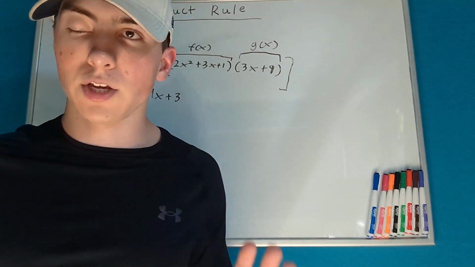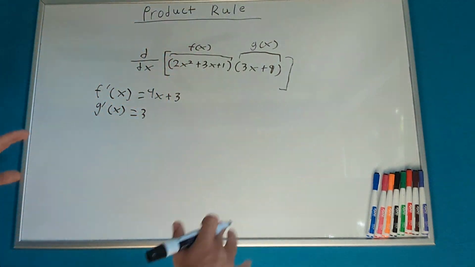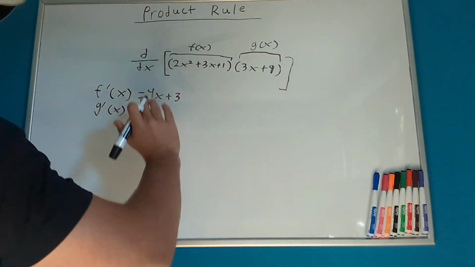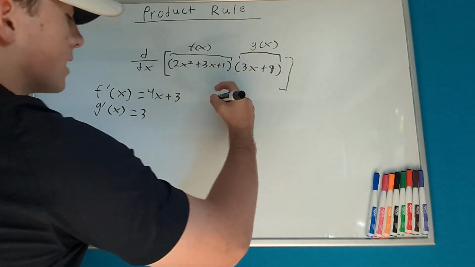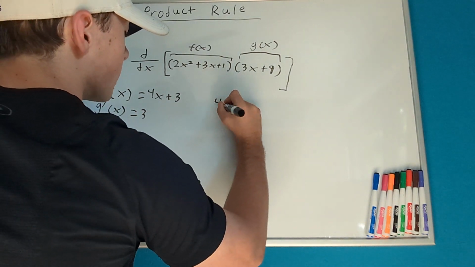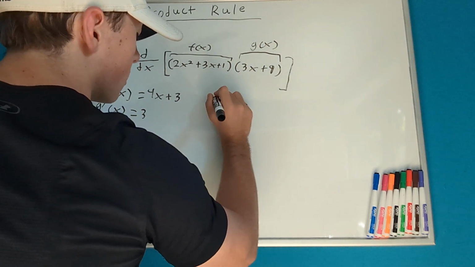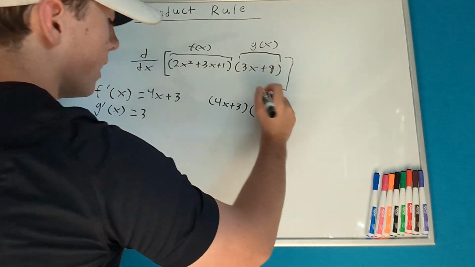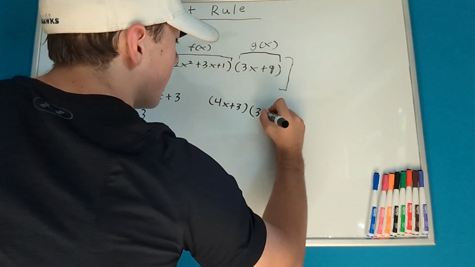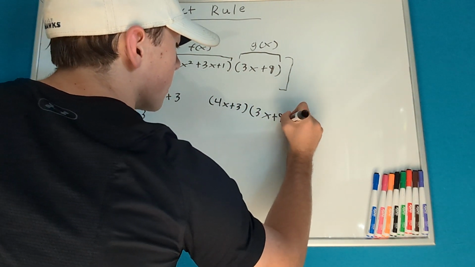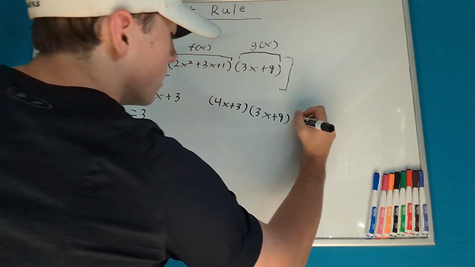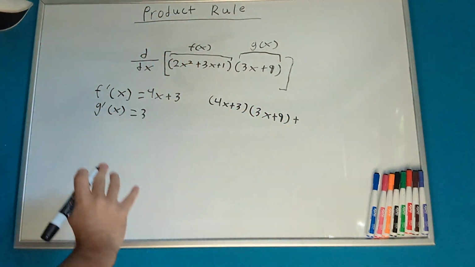So then we want to use what we've just found to find the derivative of this entire thing. So as we said before, the first thing we want to do is take 4x plus 3 and multiply it by this right here, 3x plus 9. Then, that's the first bit. Then what do we want to do?